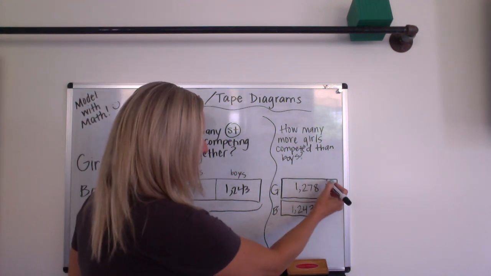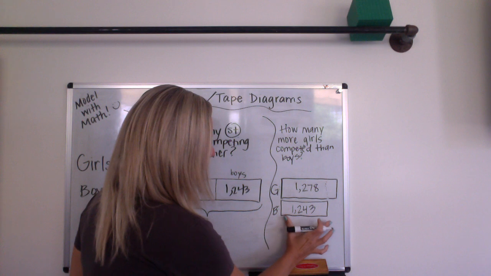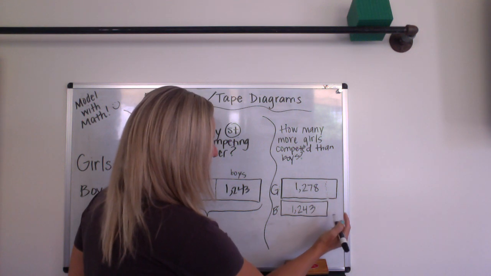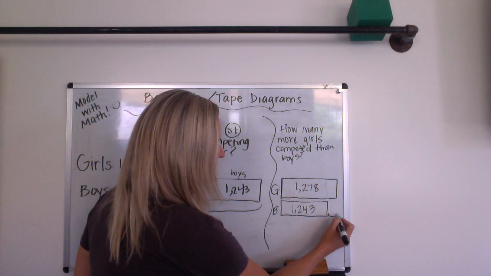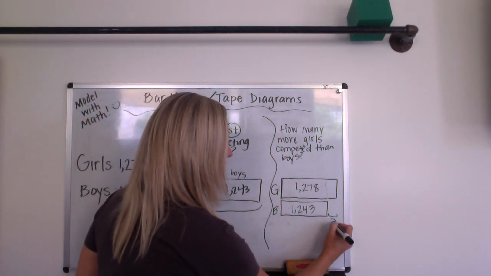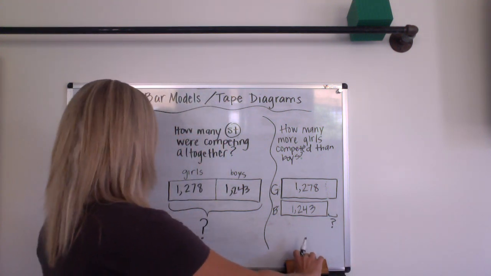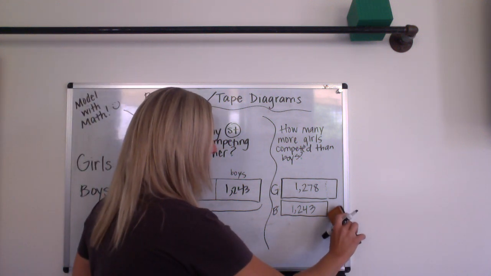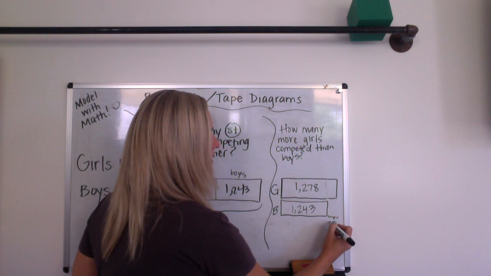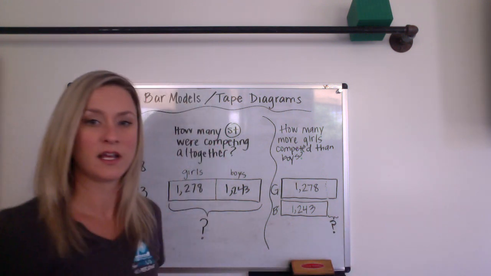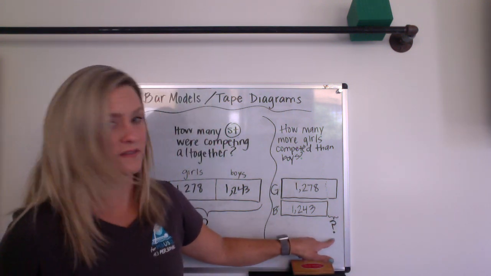Because if I drew a straight line down, that would be where the boys end. So this is the extra amount of girls. So really what I can do is draw one of these and put a little question mark. Or if we want to get fancy, we can do a little zigzag again. I just make up names. And that's the piece we're trying to solve, right?